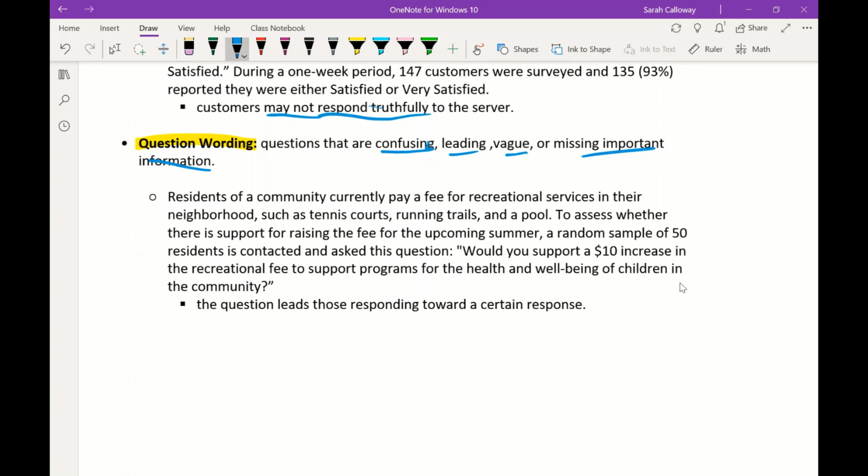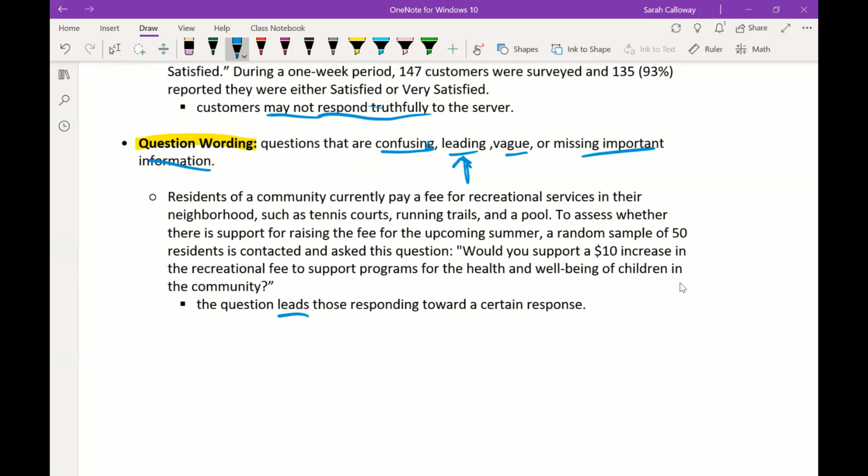And so they gave examples of vague in the videos. One thing to make note of is that leading questions, that's when the wording of the question kind of indicates what response they want from you. So you can predict what they want you to say based on the way that they worded the question, which is what this example is going to be.